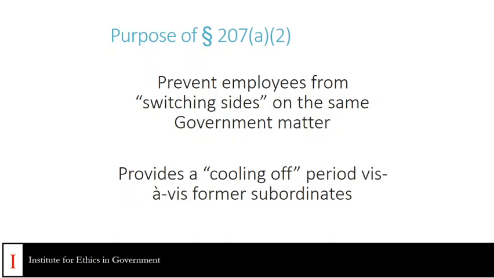And this is especially true for supervisors and managers, because there is a cooling off period aspect to (a)(2), which basically wants to keep former supervisors and managers from unfairly using any vestigial influence they may have by virtue of the authority they enjoyed as a supervisor or manager.